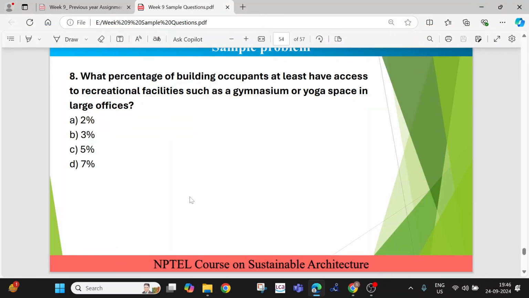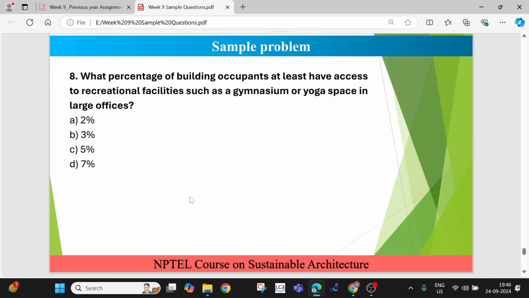It has been discussed that recreational facilities should be given importance and provided in at least 5% of the building area, so that occupants in large offices get promotion of well-being and the stress associated with long working hours can be reduced.